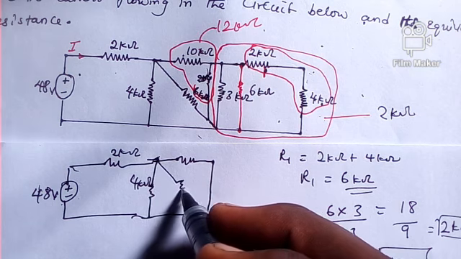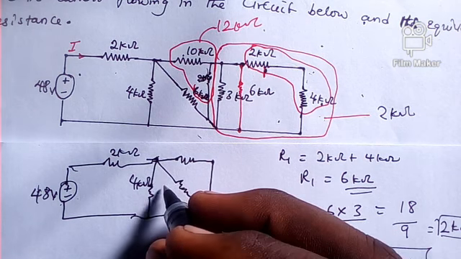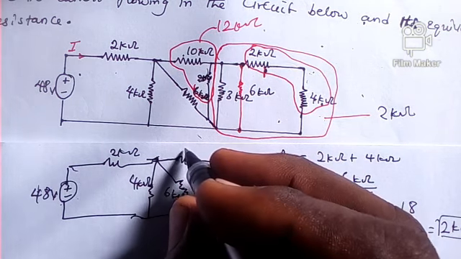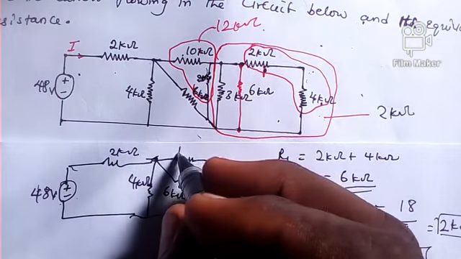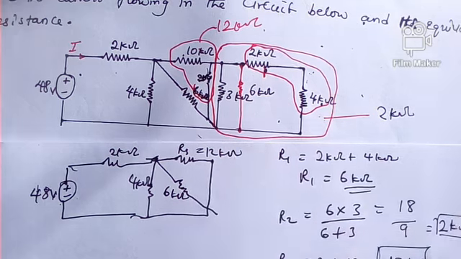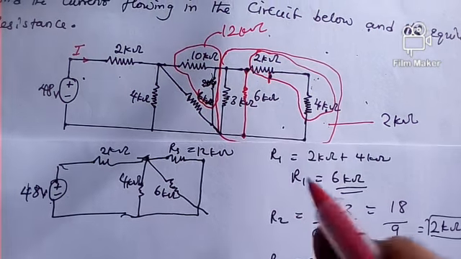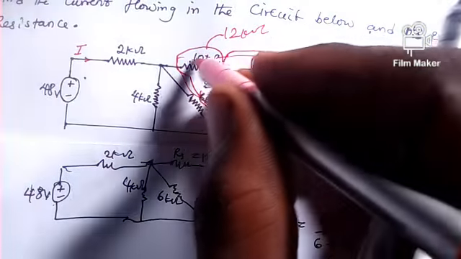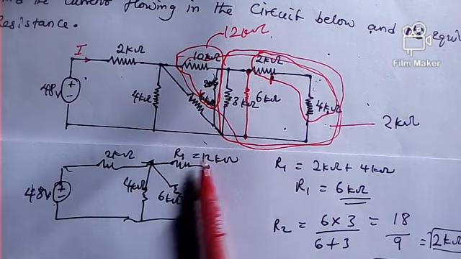And I have a resistor here, that resistor here is 6 kilo ohm, and this is the one that I'll be solving, which is R3, 12 kilo ohms. So now the whole of this has been summed up to 12 kilo ohms.